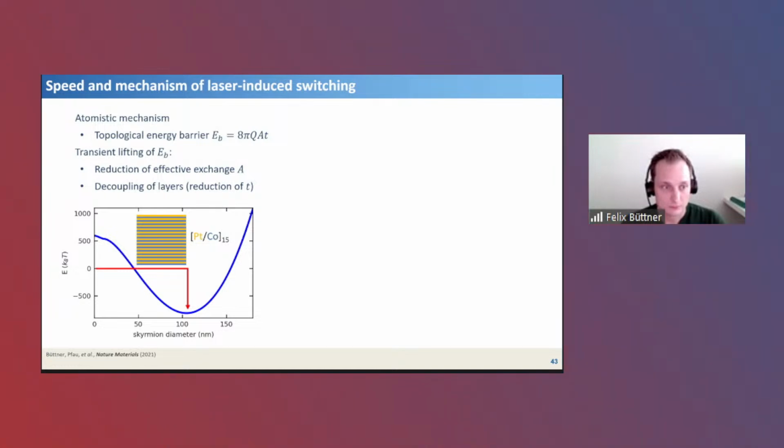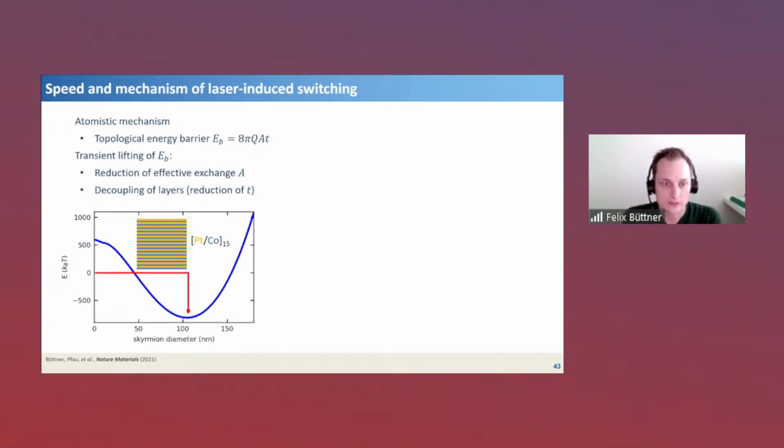So this is a kind of simplified model, but we believe that on that transient time scale of a few tens or hundreds of picoseconds, that is what is driving the physics. We actually check that the resulting state is purely skyrmions. By Lorentz TEM, we check that even in that system, which has no DMI at room temperature in equilibrium conditions, the laser produces a state of exclusively skyrmions.